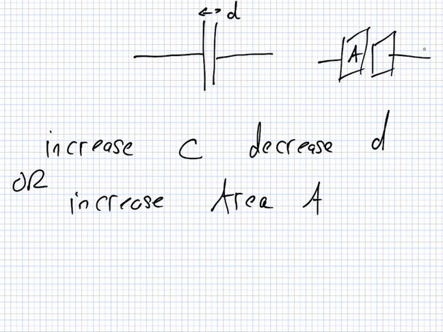So if the area is large, you can hold more charge, you get more capacitance, yeah. But what's strange is, in fact, if you make the distance smaller, it makes the charge bigger. You can hold more charge. So which way is more accurate? I would say the area.